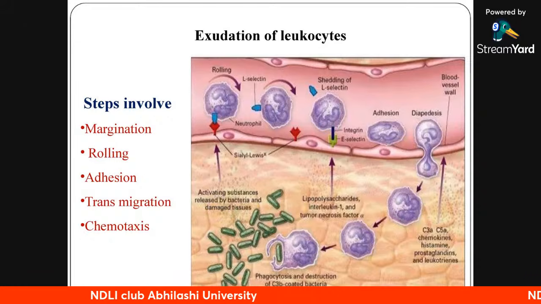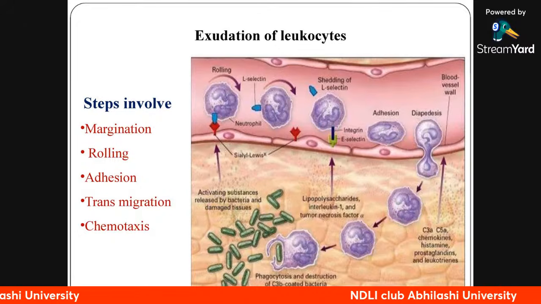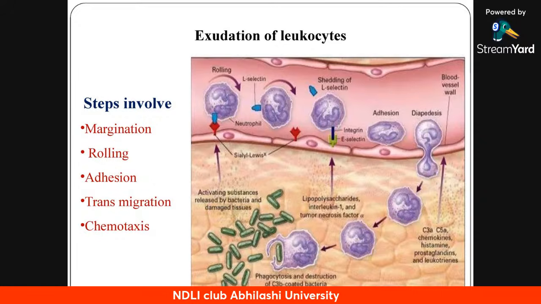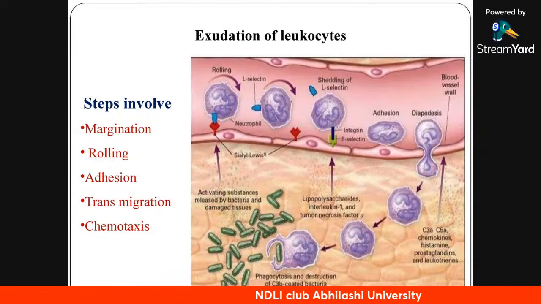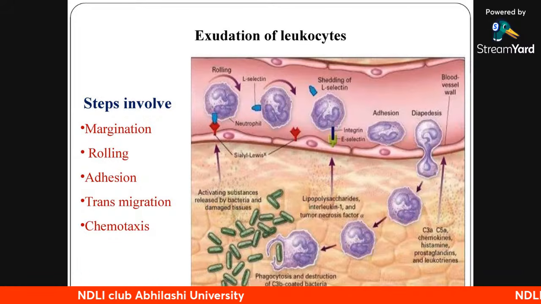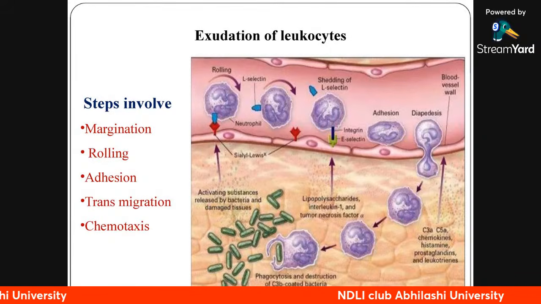Margination. Normally, blood cells flow centrally in the blood vessels. In inflammation, blood flows slowly and leukocytes move toward the vessel wall. White blood cells, particularly neutrophils, bind to the endothelium and marginate due to the change in blood flow.